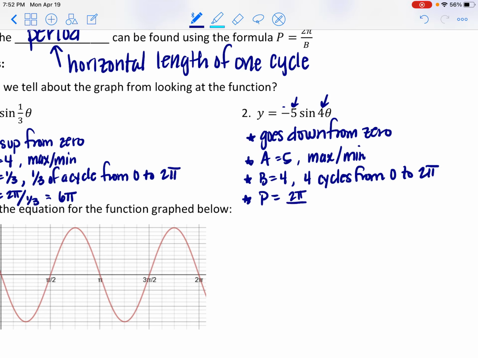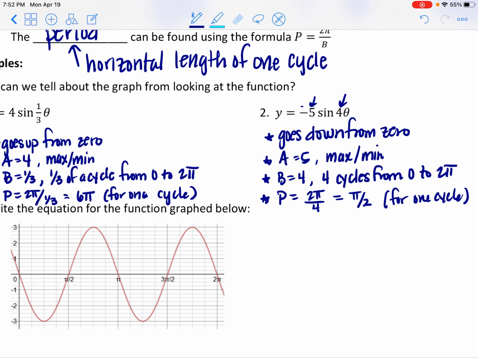Well, that 2 pi got divided into 4 cycles. So it would take pi over 2 radians for one cycle to happen. And again, this would be for one cycle. Okay? So a lot of information we can get just by looking at the equation for the function.